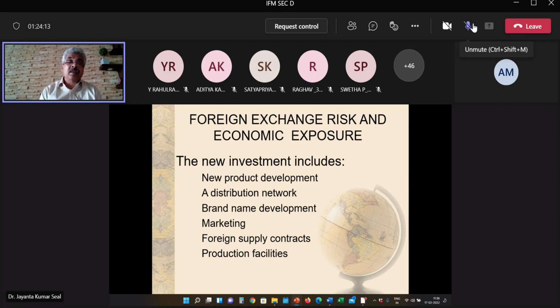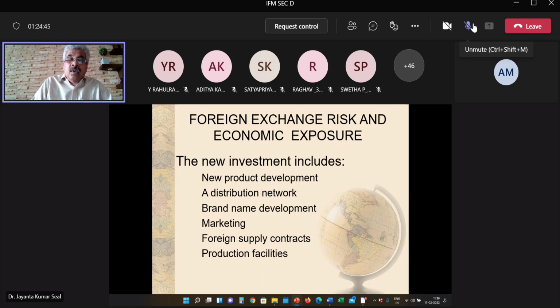But at the same time, at the time of investment, your cost will go up. How? Suppose you have decided you will be needing $100 million to invest. Today $1 is equal to 75 rupees. So if you want to buy $100 million, it will be 75 into 100, 7,500 million rupees. But suppose from 75 it becomes 76. What will be your investment? 7,600 million rupees. So it has both sides.